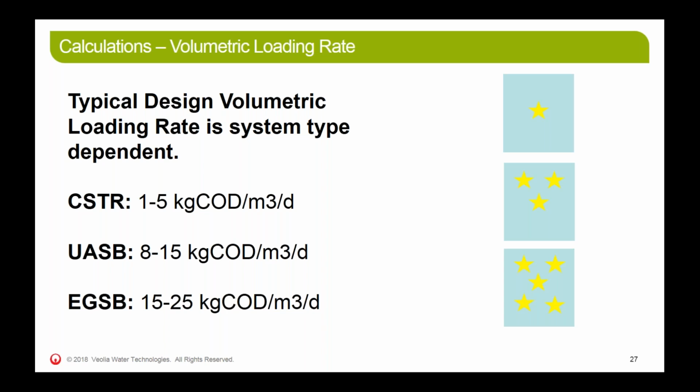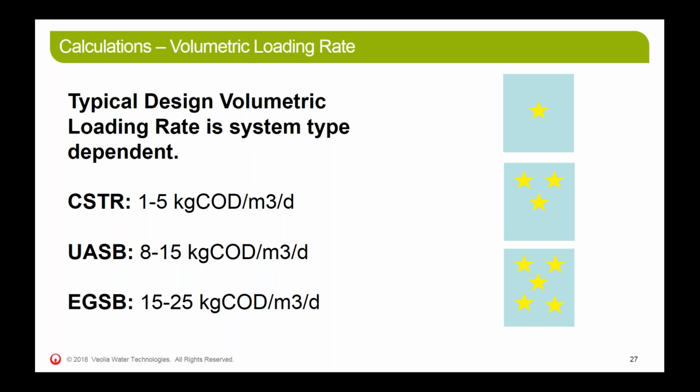So when we look at systems, you typically want to keep your loading rates of the different technologies within a specific range in order to be stable, or when we look at designing a system. If you're looking at a CSTR system, typically they're the lower loaded systems, so we keep the loading rates typically in the 1 to 5, sometimes the anaerobic contact processes where we recycle biomass can go up to about 6 or 7.